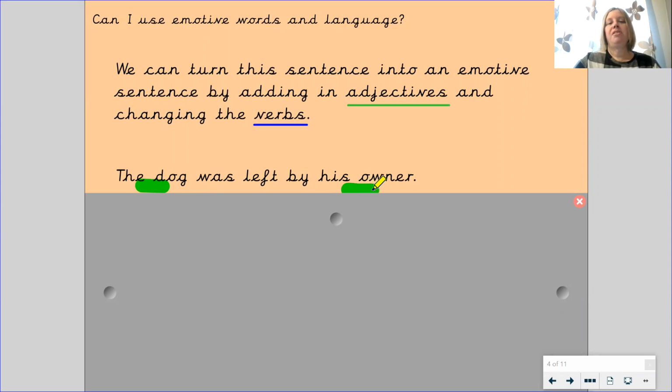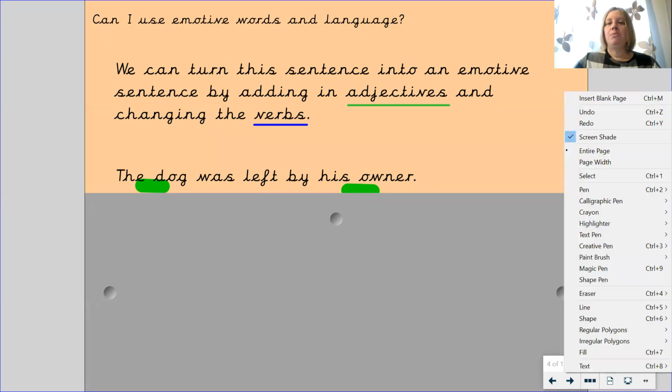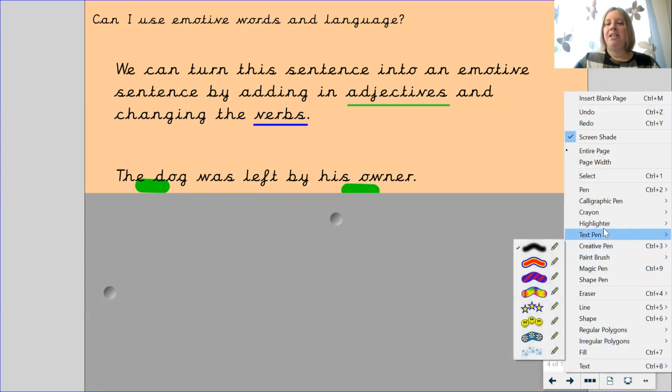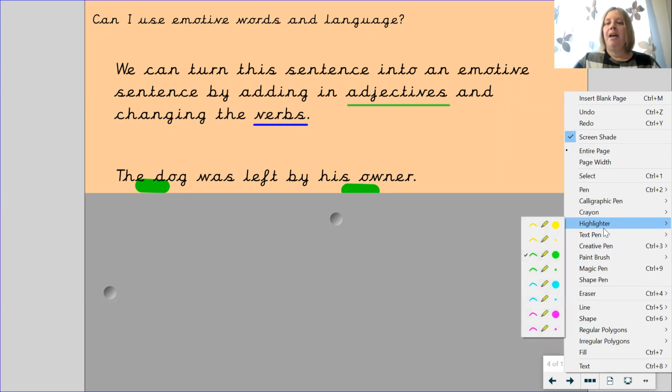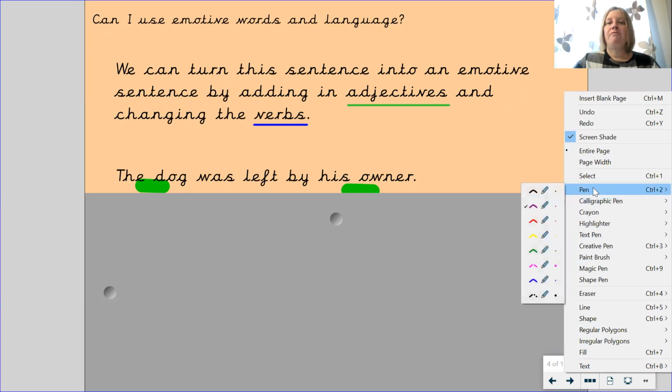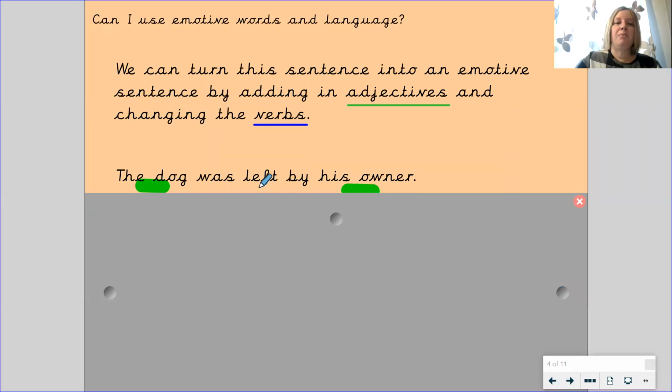We can also change our verb to create a stronger response in the person who is reading our work. Our verb in this sentence is left.